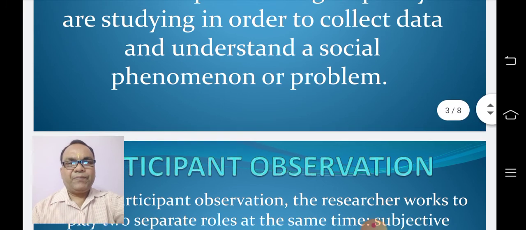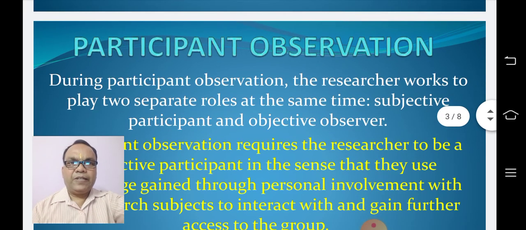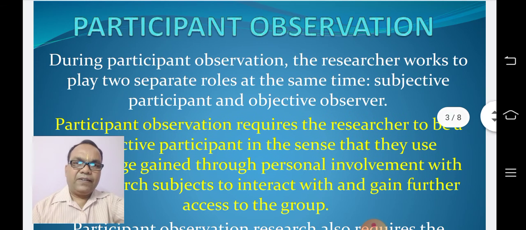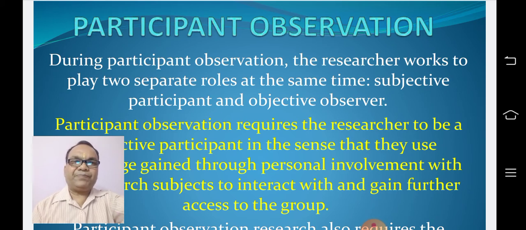Simply speaking, he remains present in the study area among the group members, and in this way he gets involved in the activities of the group for the sake of understanding, for the sake of studying the problem or social phenomena.